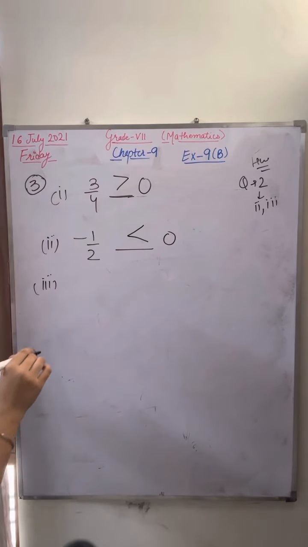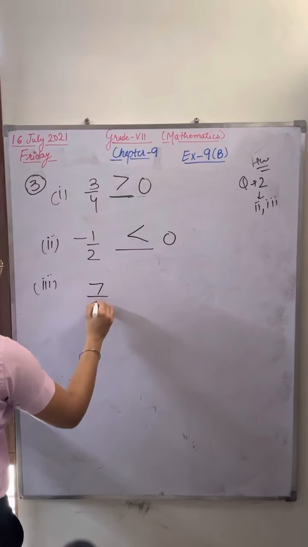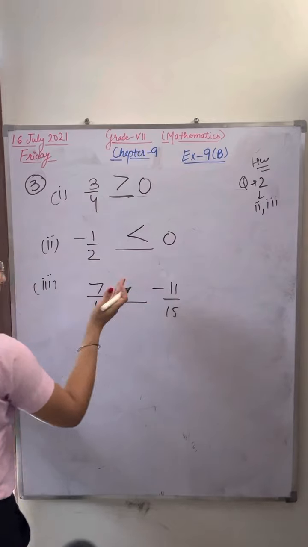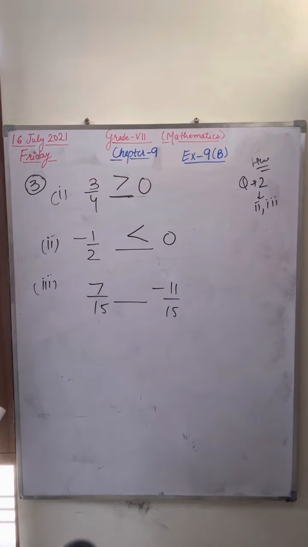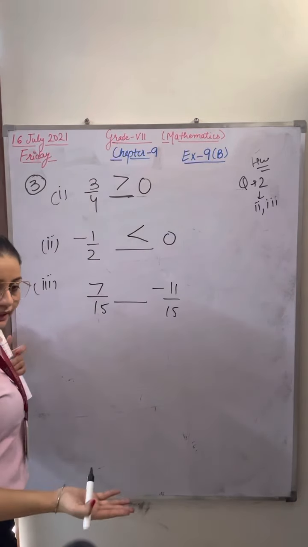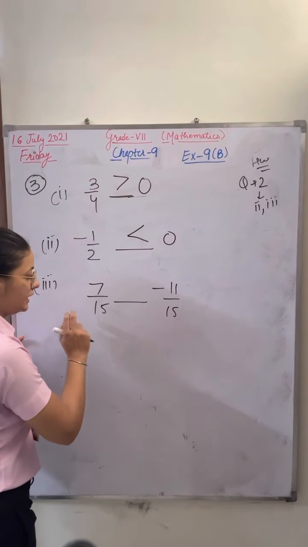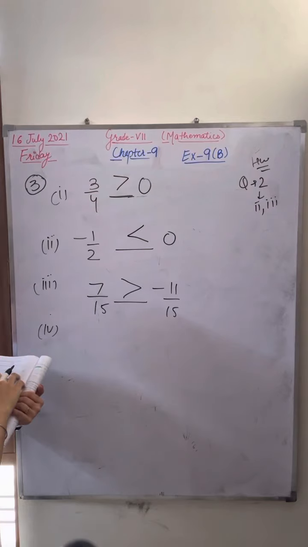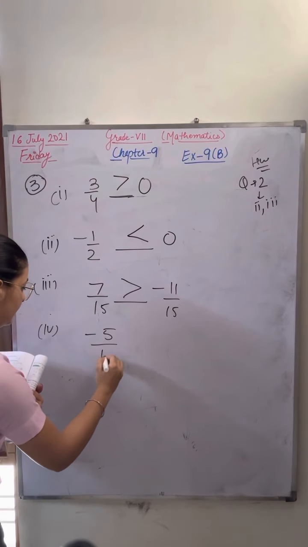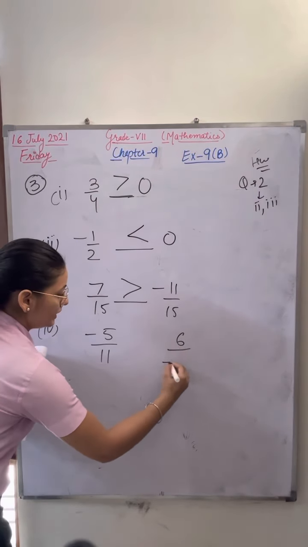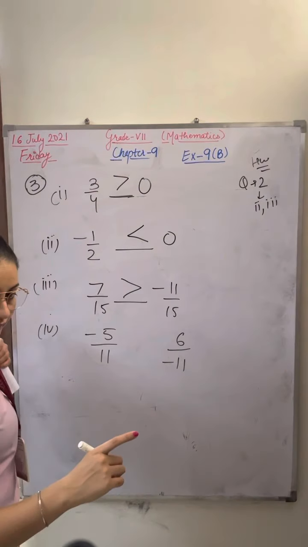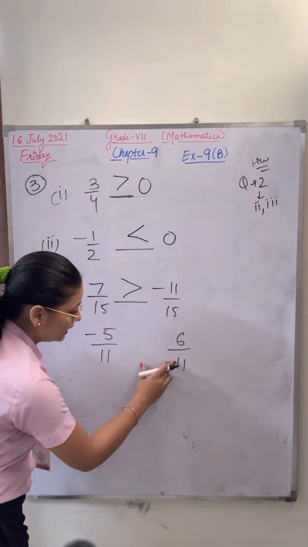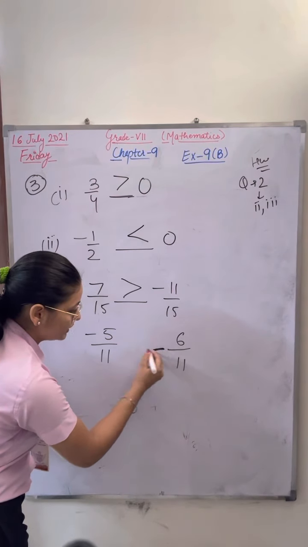Now the third part: 7 upon 15 and minus 11 upon 15. This is the positive, this is the negative. Which is bigger? Obviously 7 upon 15. Positive is always bigger than the negative. Last part: minus 5 upon 11 and 6 upon minus 11. Ishita, now look here. If minus 11 is written here, that means this is the common sign of this fraction.